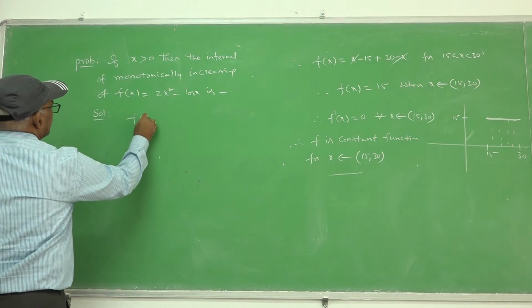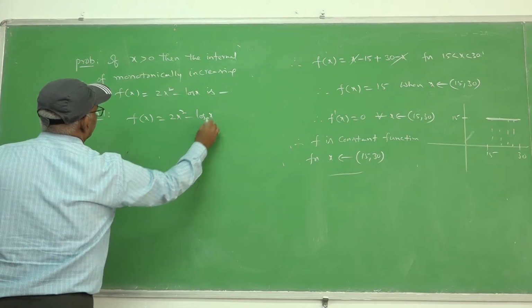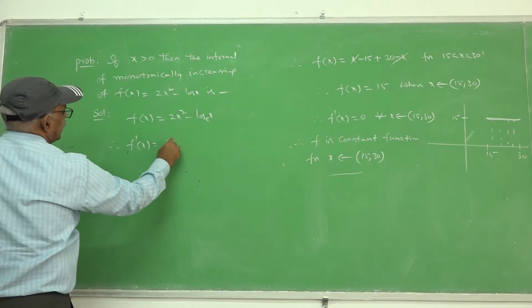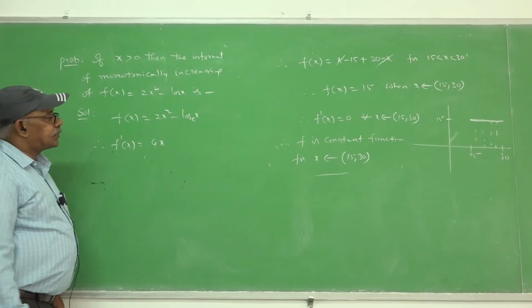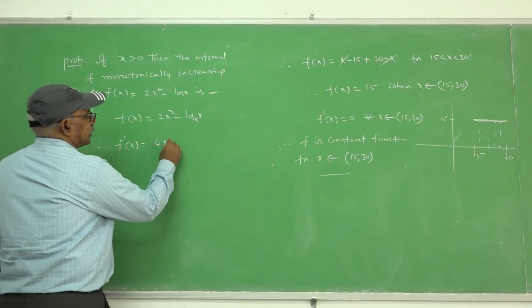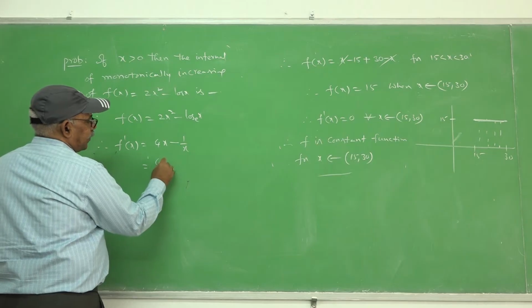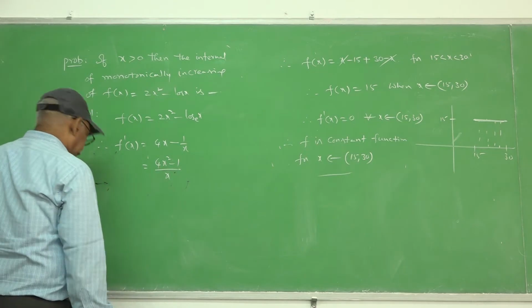So, given f x is 2x square minus log x. Therefore, f dash x, the first derivative, differentiating with respect to x: derivative of x square is 2x, hence 4x, minus derivative of log x is 1 by x. On simplification, 4x square minus 1 by x.